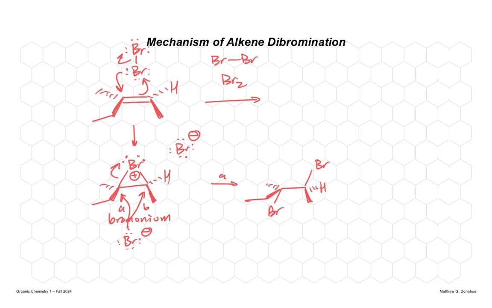If we go B, we get bromine up there, bromine down there. There's the anti. We put in the stereochemistry, and we end up with enantiomers.